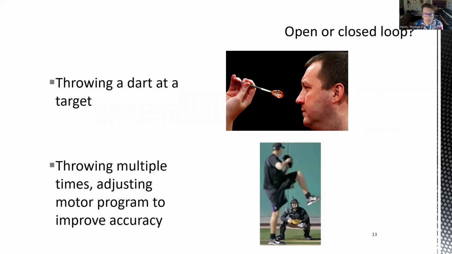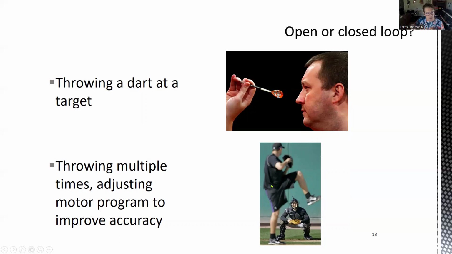But again, maybe I see where the dart hits, or maybe I'm a pitcher and I see where the ball hits, and the feedback might be throw it a little bit higher, the motor program. So it's not, let me go back and do exactly what I just did, all of the exact same movements, but I'm going to adjust something a little bit this time. That doesn't work with the time scale of these sorts of activities. So you can get feedback, based on seeing where the ball goes or where the dart goes.